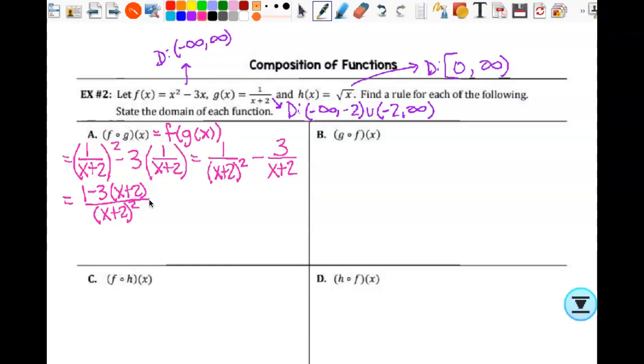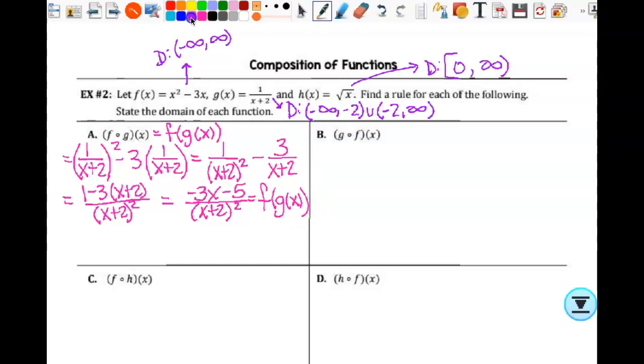Everybody with me? Okay. And then that is equal to, so my denominator is still x plus 2 squared. So when I distribute that negative 3, that's going to give me a negative 3x, and then it's going to be minus 6, but I have a plus 1, so it's minus 5. So this is f of g of x.